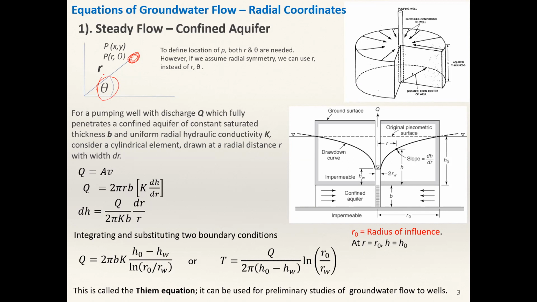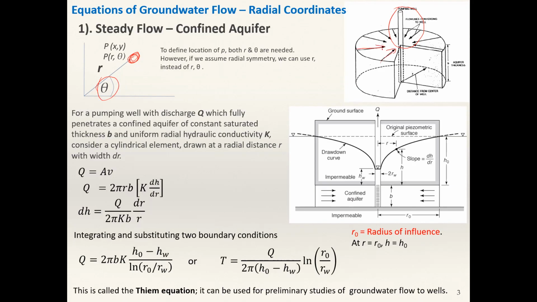Now, if you assume the aquifer is infinitely large, meaning there are no barriers on the way, and you have a pumping well at the middle of the aquifer, then when you start pumping water out, what happens?